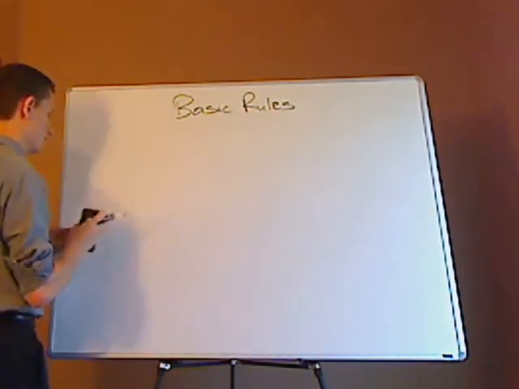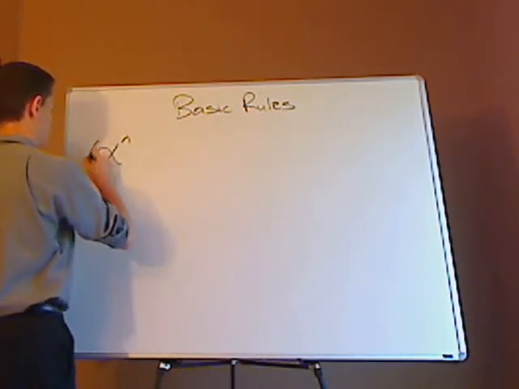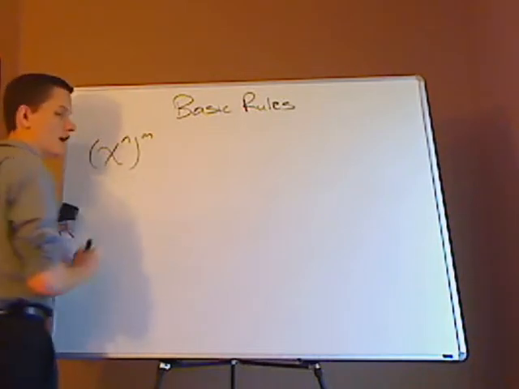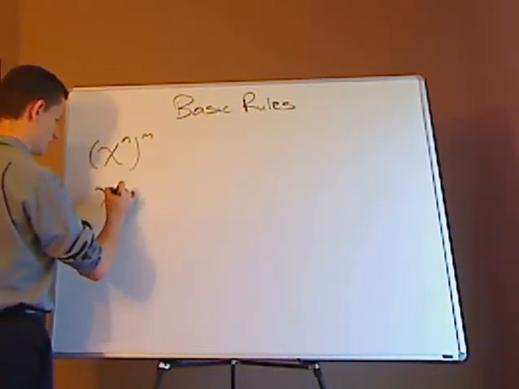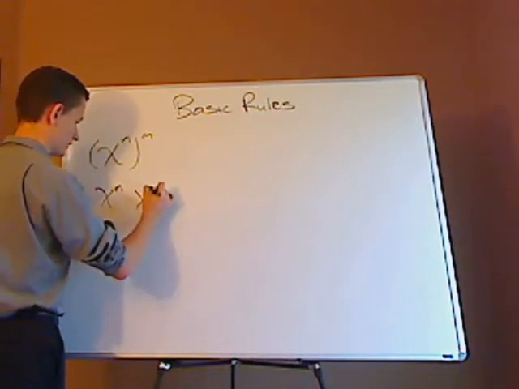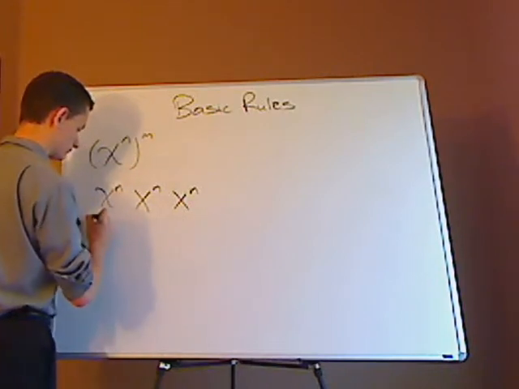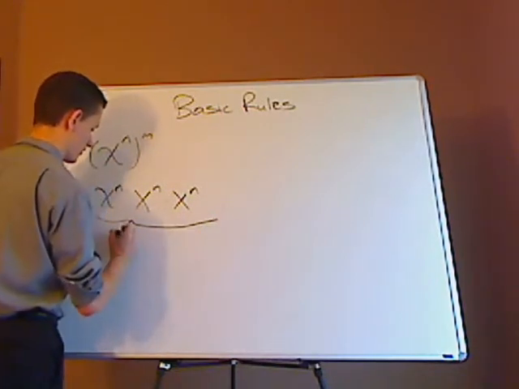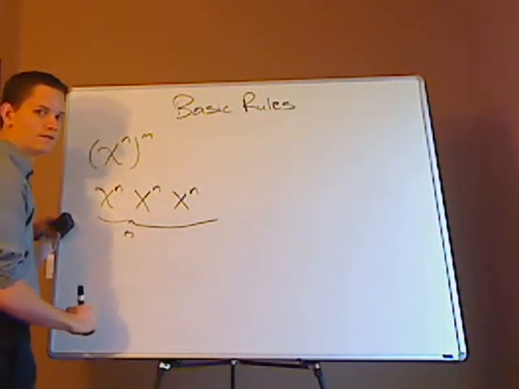Alright, another one would be x to the n raised to the m power. Now here you have x to the n times x to the n times x to the n dot dot dot. That's going for m number of times, right?